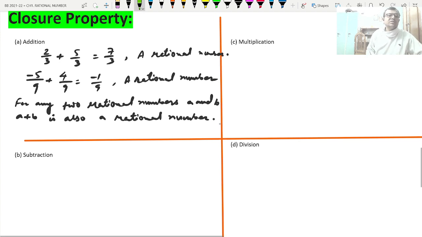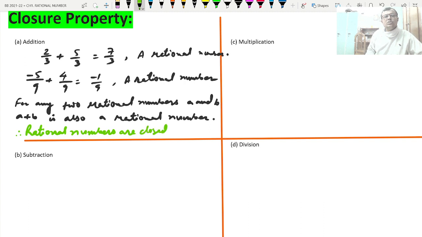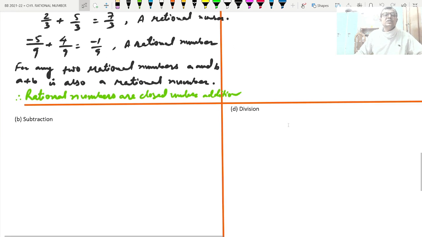Therefore, rational numbers are closed under addition.